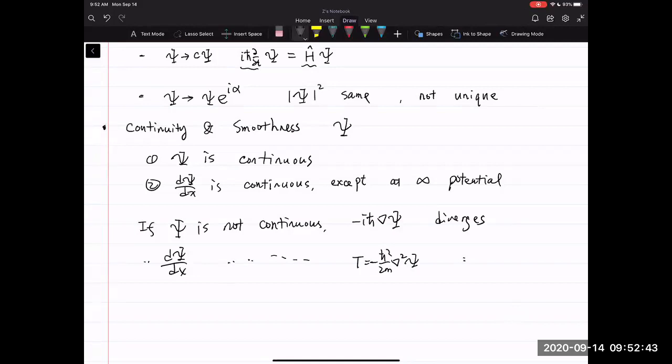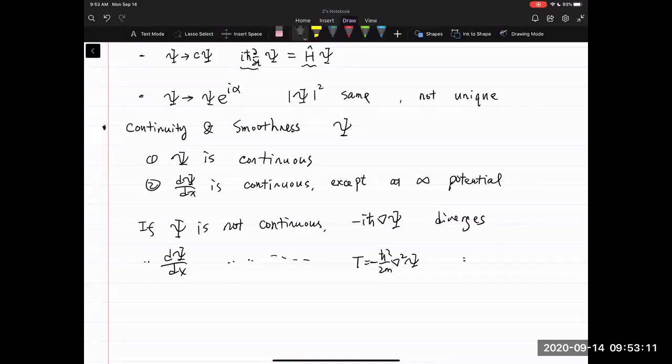If you put a particle in some infinite potential, then d/dx doesn't have to be continuous, in other words the wave function doesn't have to be smooth. But in either case, the wave function itself must be continuous, and whether it's smooth depends on whether we are talking about infinite potential. In the normal case, we don't have infinite potential, so the wave function is both continuous and smooth.